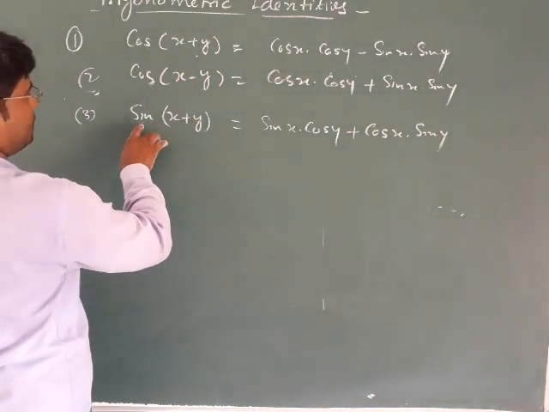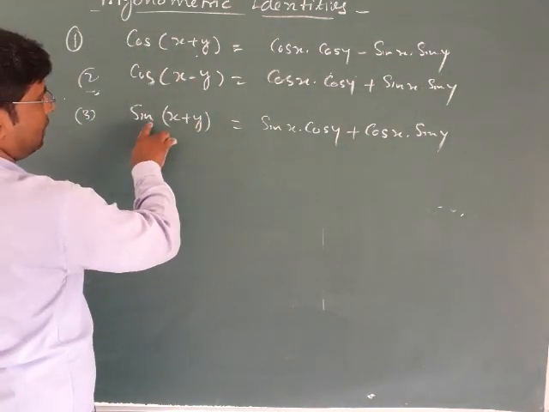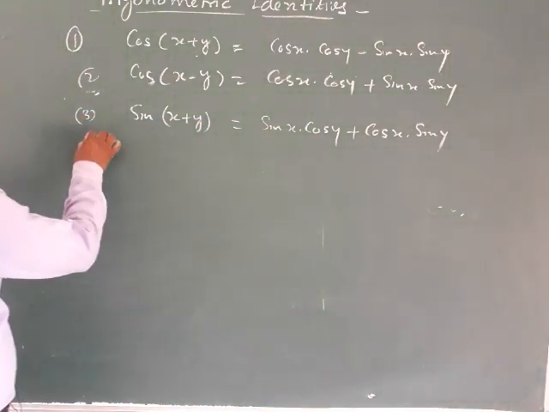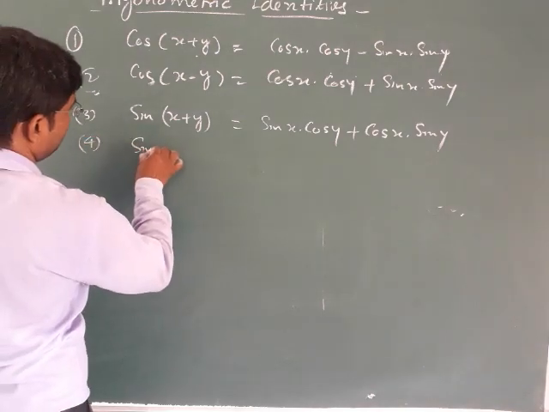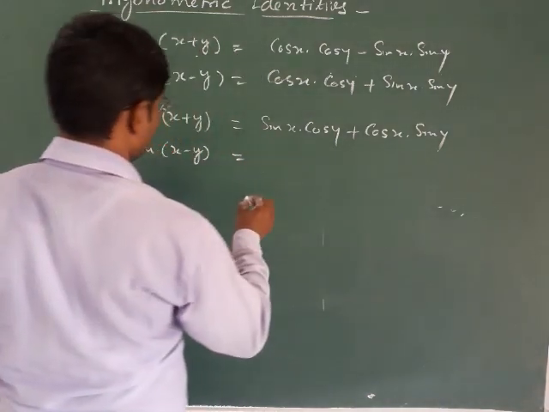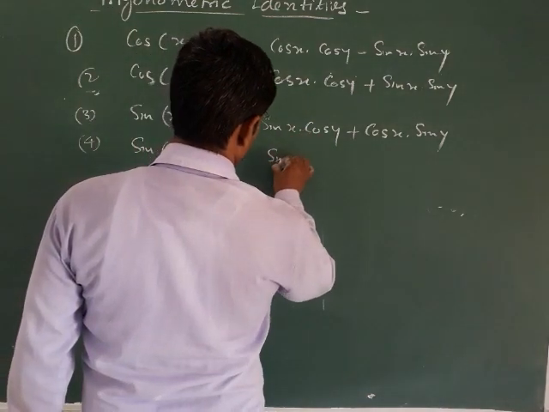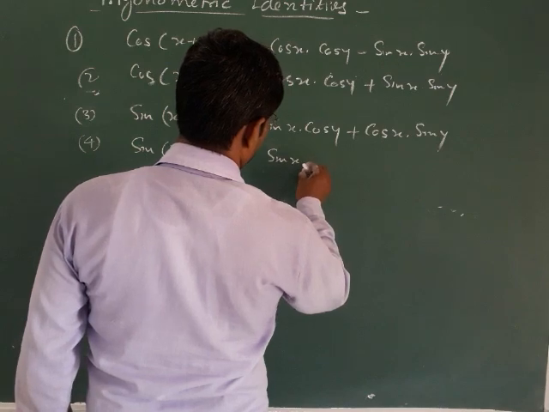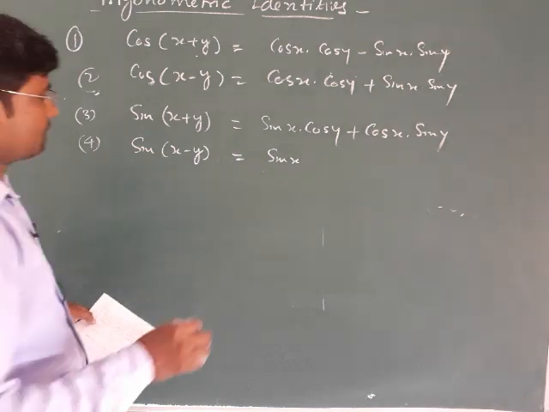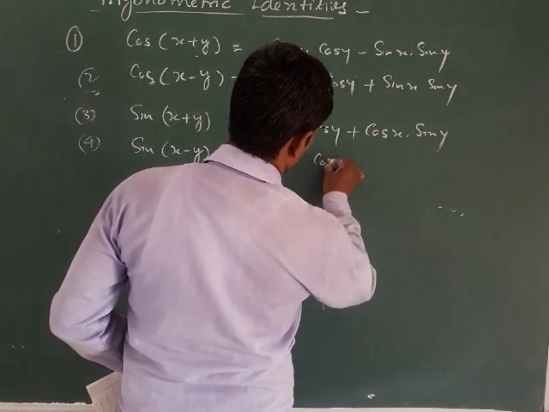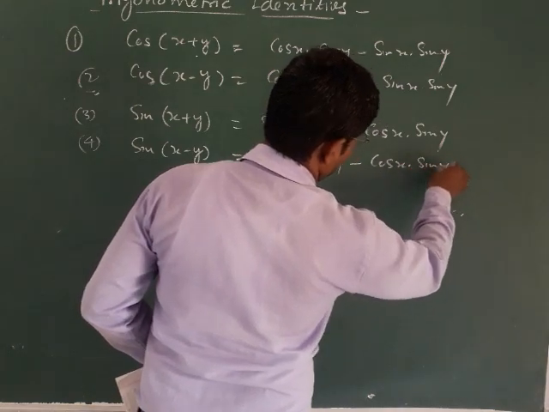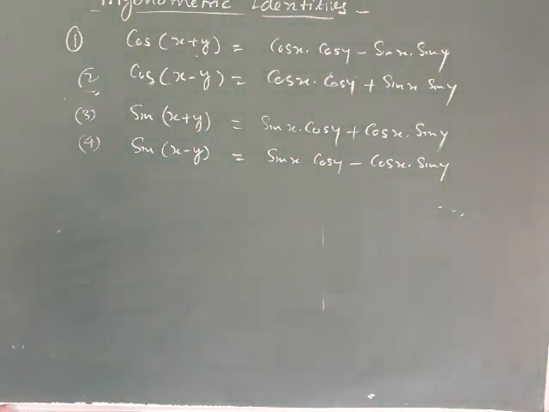And fourth, sin(x minus y) is equal to sin x cos y minus cos x sin y.